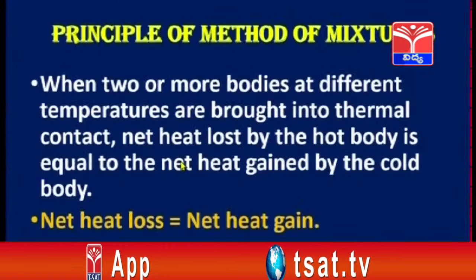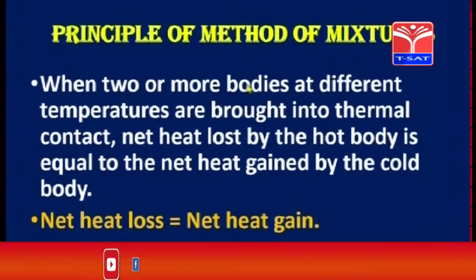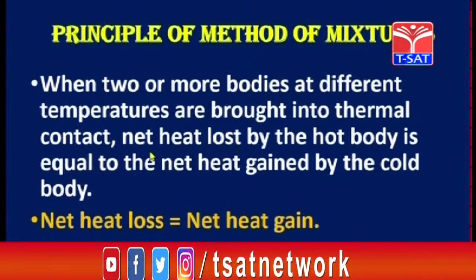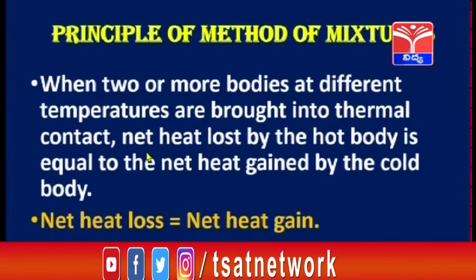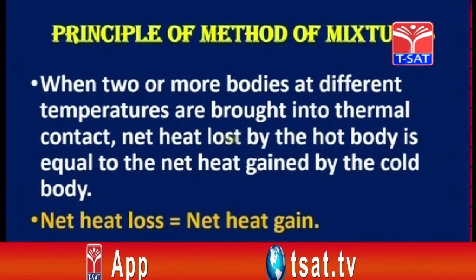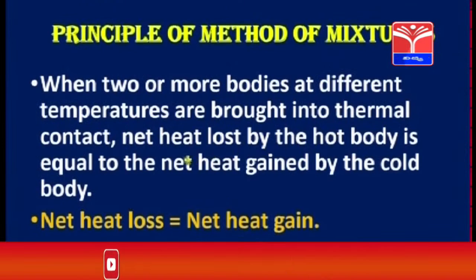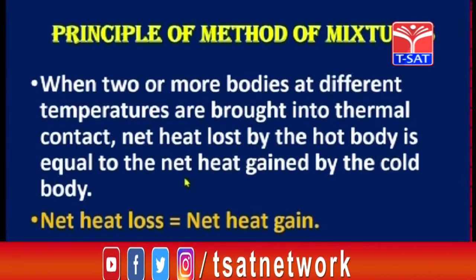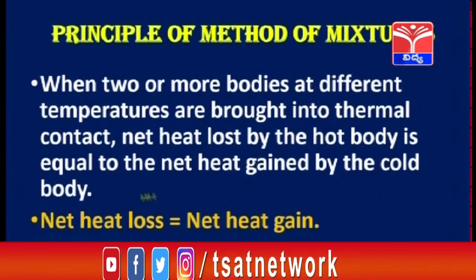Based on this, we will write the principle of method of mixtures. Children, you have to learn this principle. When two or more bodies at different temperatures are brought into thermal contact, meaning, children, there is a possibility of exchange of heat, the net heat lost by the hot body is equal to the net heat gained by the cold body.